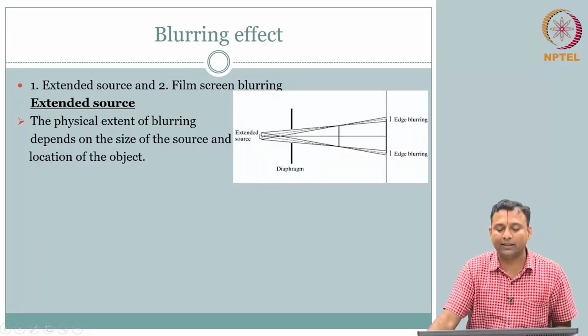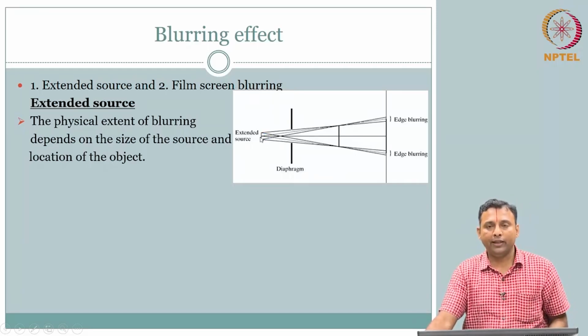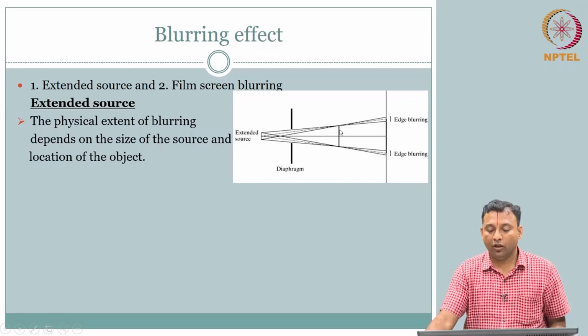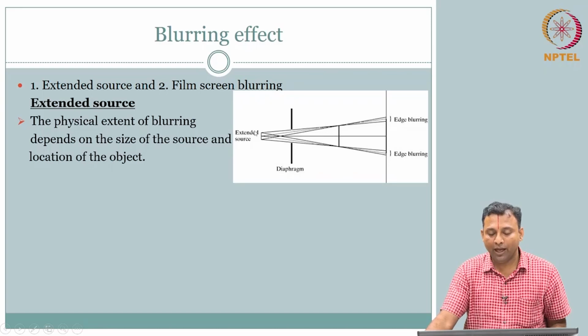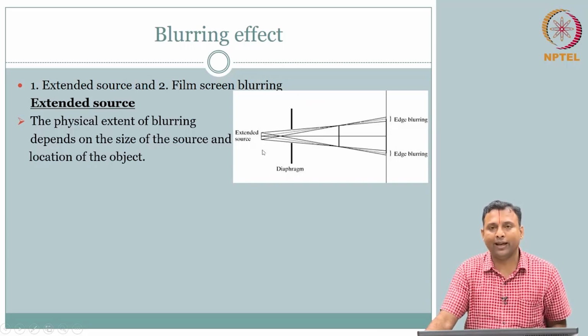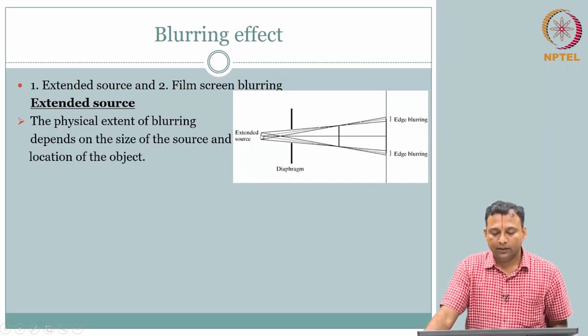Extended source means, in this example, just because we are projecting it, instead of a point I have a line. I am interested in the case where I have an object, this is my object. Instead of the object being hit by a point source that is diverging, you have an extended source. The denotation means the source is not a point, its dimension is extending in one direction, so it has become a line.